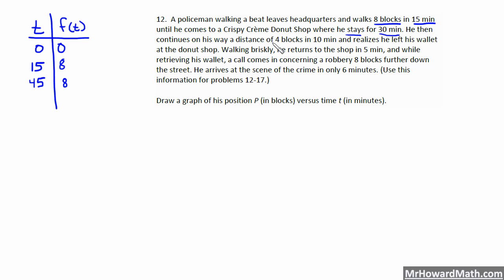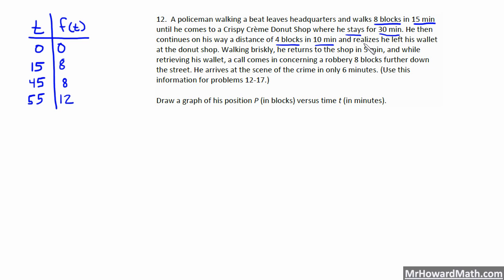He then continues on his way, a distance of 4 blocks in 10 minutes, so our x is going to increase by 10, so that takes us to 55 there for time, and then he went 4 more blocks, so his total distance now is 12 blocks.